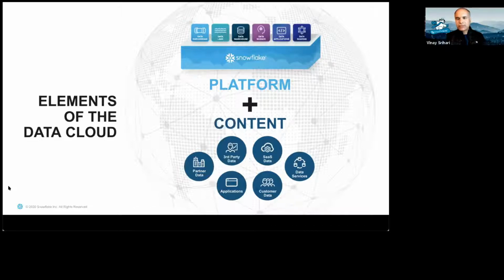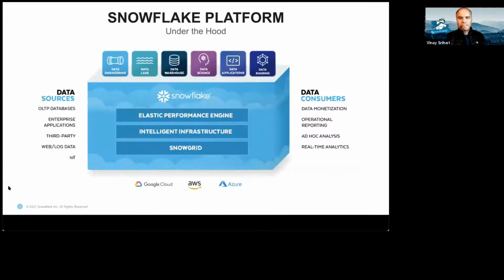So let's explore both the platform and the content here. The Snowflake platform itself is a unified architecture. The idea is that you have data sources on one side, data consumers on the other side, and a whole bunch of workloads that you're applying to this. Those workloads could be traditional data warehouse workloads for business analytics, manufacturing analytics; we'll look at an example.